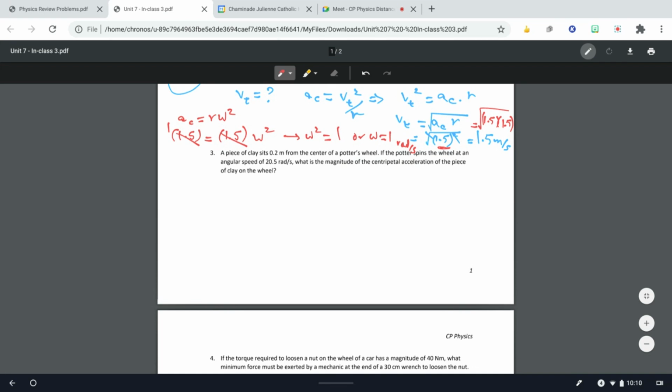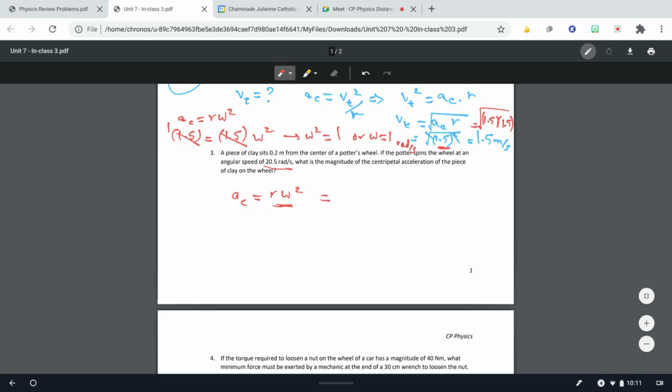Third question is, you've got a piece of clay that's sitting 0.2 meters from the center of a potter's wheel. If the potter spins the wheel at an angular speed of 20.5 radians per second, what is the magnitude of the centripetal acceleration on the piece of clay on the wheel? So again, your centripetal acceleration is r omega squared, because we've got an angular speed, so we can only use this formula.